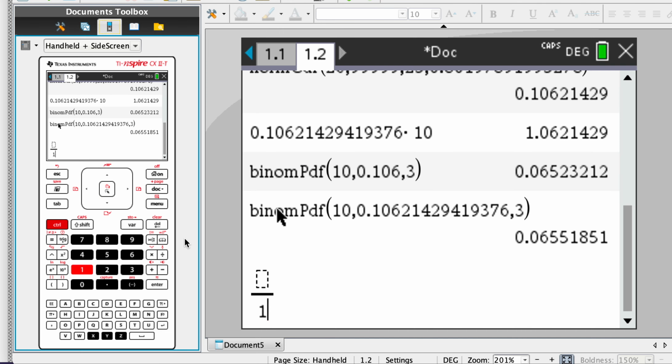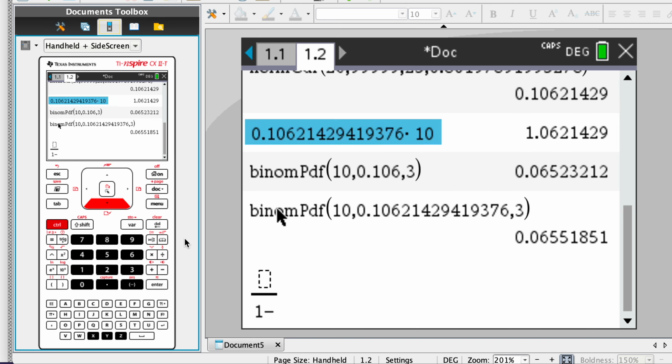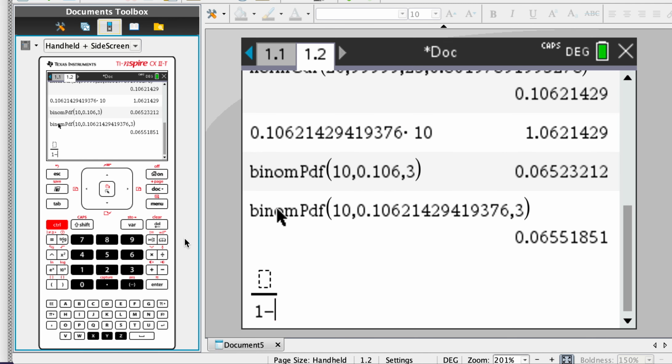Okay, but we can do 1 minus this. So I'm converting it now to, why isn't this copying for me? Let me try this one more time. Huh, strange. I'm not sure why it's not copying for me. I'll just write this for now.